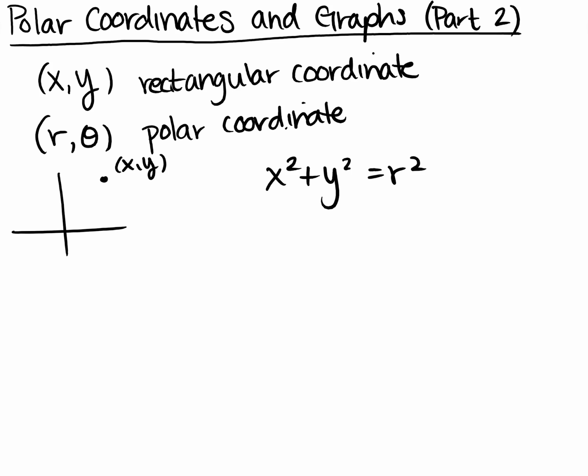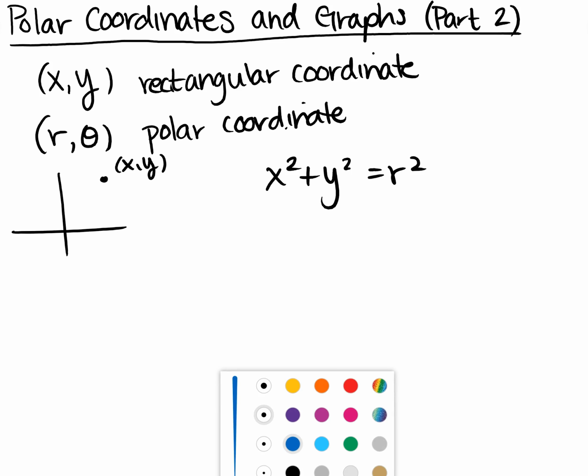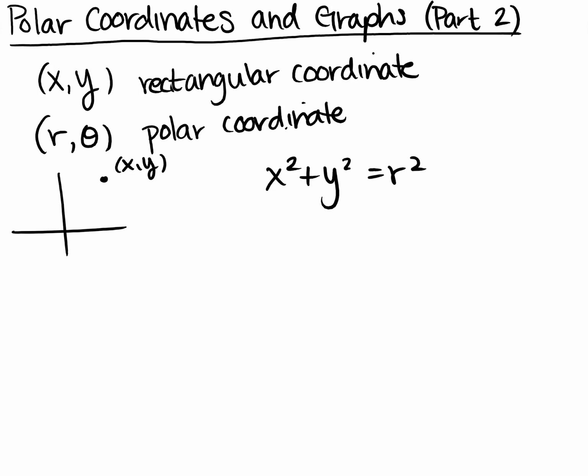This is xy as a rectangular coordinate, or we could think of that as r theta as a polar coordinate. This is my r, this is my theta. And so we found these relationships between a rectangular coordinate and a polar coordinate. And that's what we're going to use when we talk about graphs and equations.